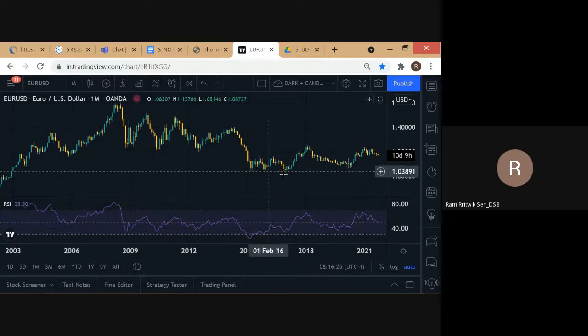The asset price makes lower lows, and the oscillator makes higher lows. Here the corresponding low is higher, while here the price low is lower. Because this is a buy signal, it is known as a bullish divergence, because the implication is bullish: the price is likely to go up.